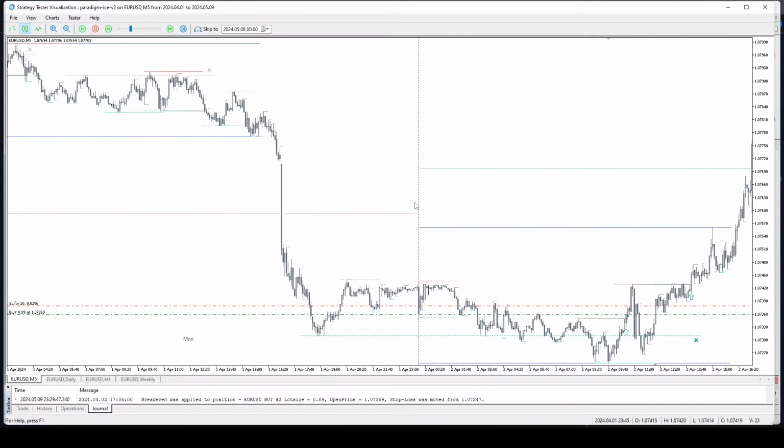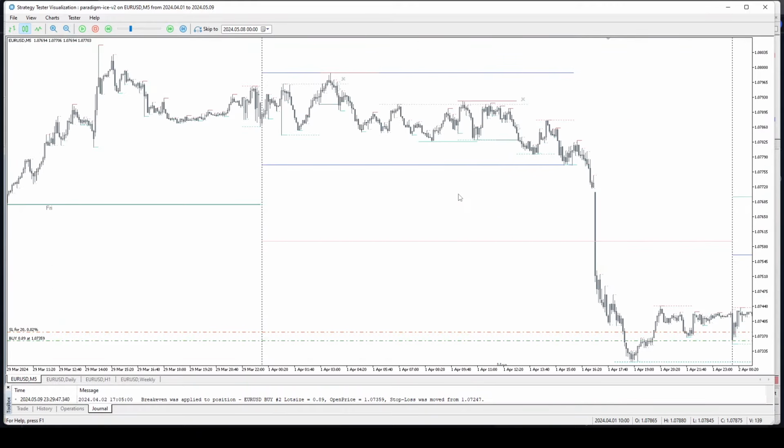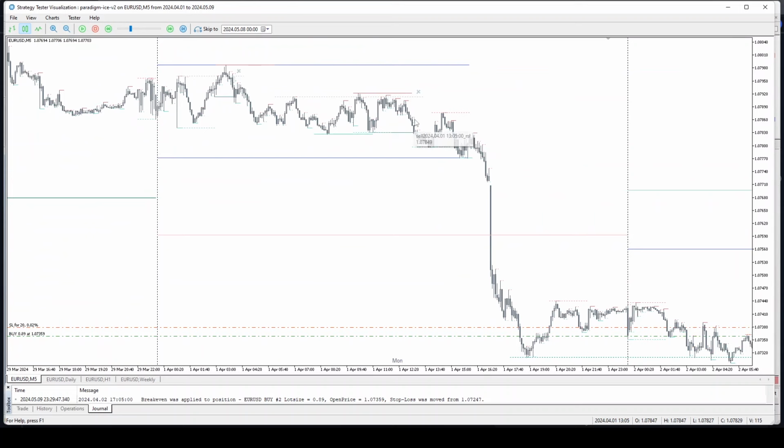Okay, so you can see that this is the first. Now notice here that we had a sell setup. I don't know if you'll be able to see it, but it is faded. Okay, so that is the daily bias algorithm at work. There was a short setup, but it didn't take the short setup because the bias is long.